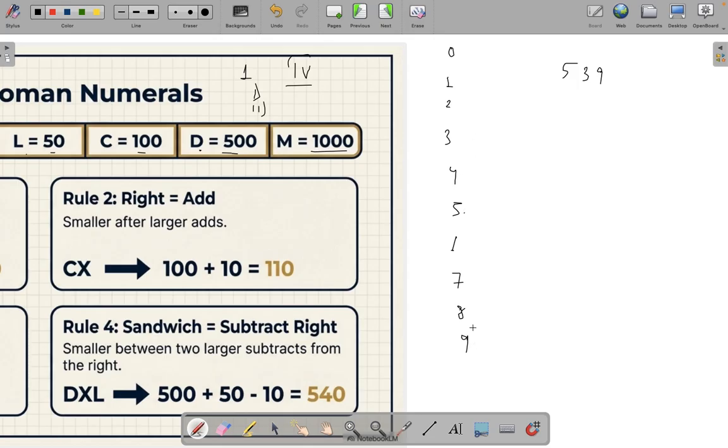So I can use this to write any number that I want, be it any large or any small number. Sir, can I write the answer of 539 in Roman numbers in the chat box? Yeah, you can write. Or you can just tell me as well. I'll just write it here.